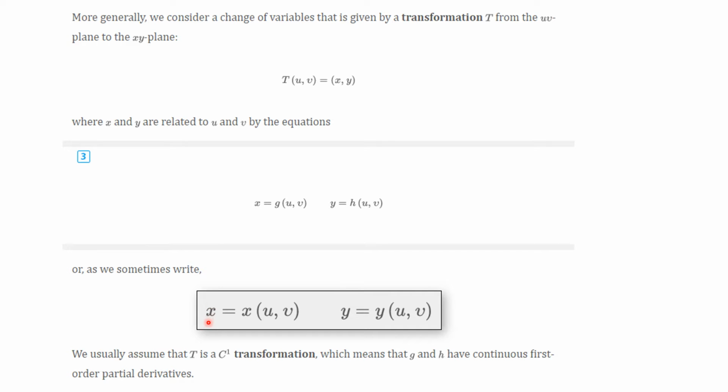Or we sometimes would write x equals x of u, v and y equals y of u, v. We're usually going to assume that T is a C1 transformation, that means continuous first partial derivatives, which means that g and h have continuous first-order partial derivatives.